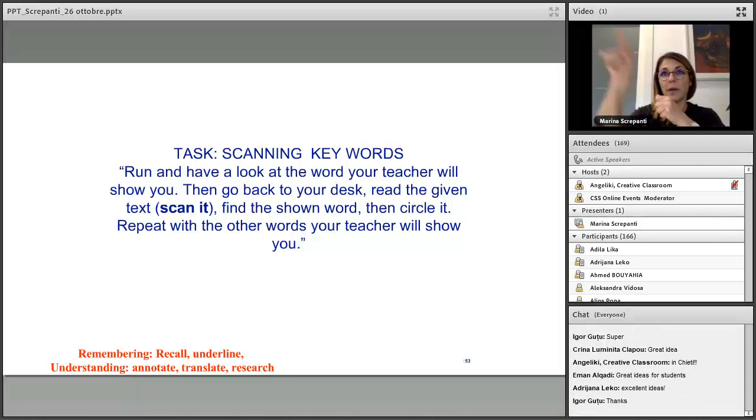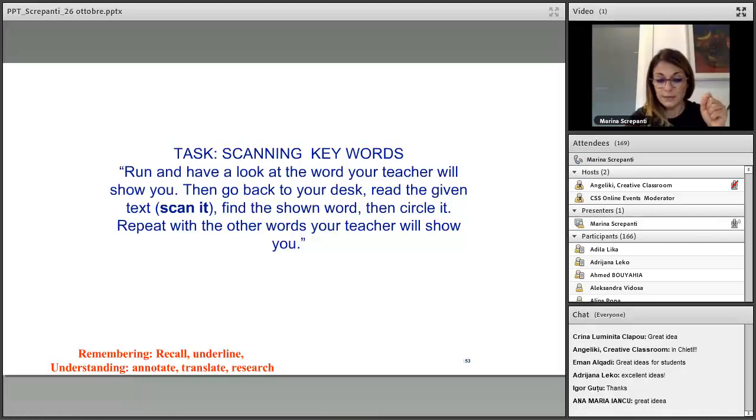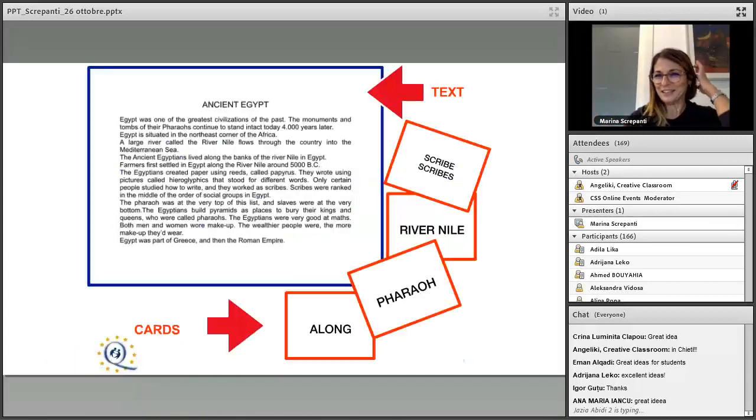They have to go back to their desk. They have to read the test and scan the word and then underline, for example, or circle the word. In this case, they learn the words, they learn reading, and the more they go back and forth, they understand the reading.